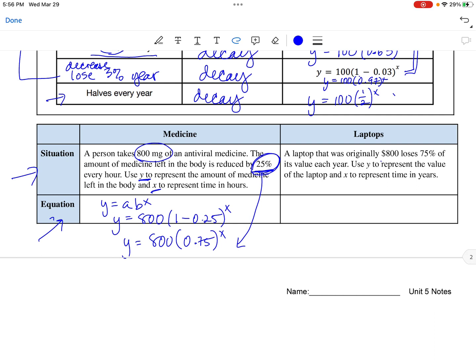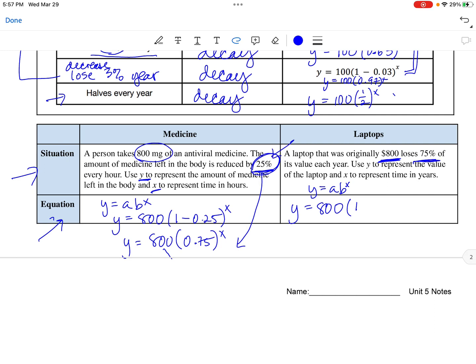Now we have another situation, and a laptop is $800 and it loses 75% of its value. Same thing, we're going to write an equation in our general form. So we have $800, initial value, 800. Similar here, but that was in milligrams. This is in dollars. It's losing 75% of its value. So now, there it was 25% less each hour.